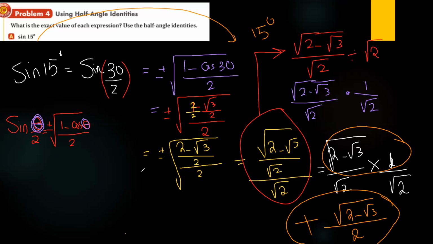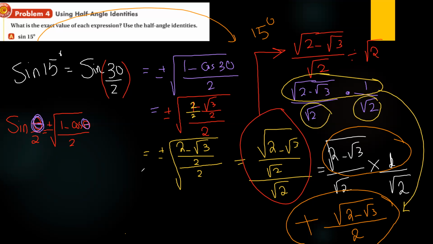Then, when you multiply, you multiply the numerators first, so you get square root of 2 minus square root of 3. And when you multiply the denominators, square root of 2 times square root of 2, you get 2. Okay, teacher, thank you.